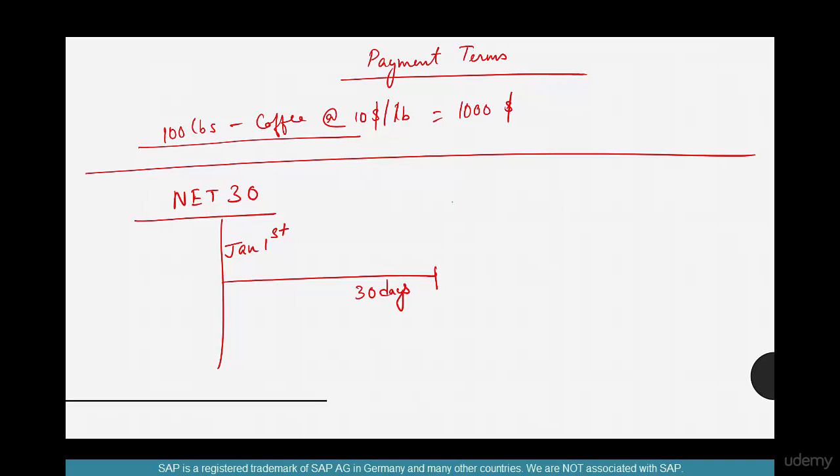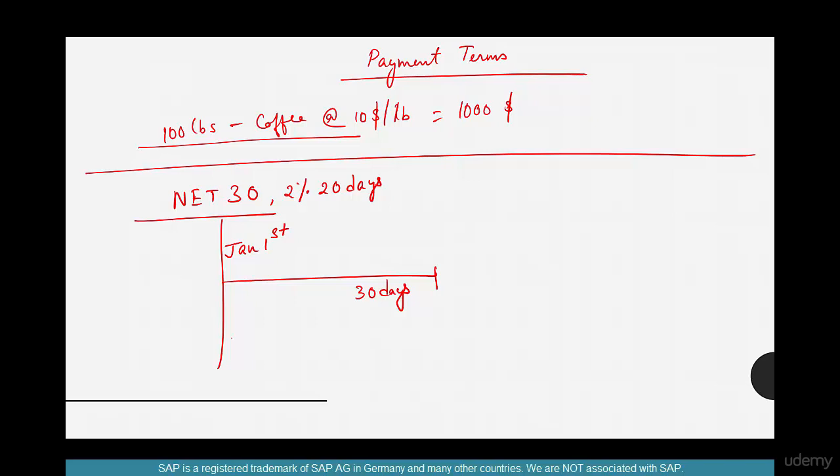On top of that, there is something called as cash discount. So to encourage customers to pay earlier, vendors tend to give a cash discount. Example, net 30, 2%, 20 days. This is another example of payment term.